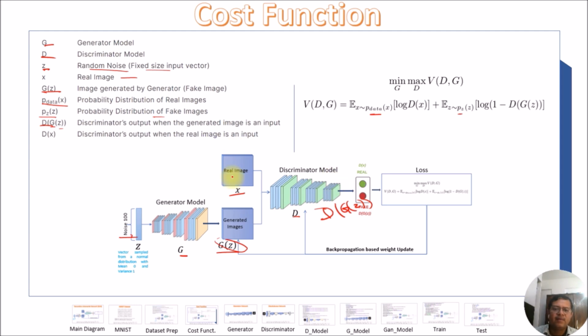When we pass the real images, the discriminator output will be D(x). So the discriminator gives two outputs, and based on those it decides whether the image is real or fake.